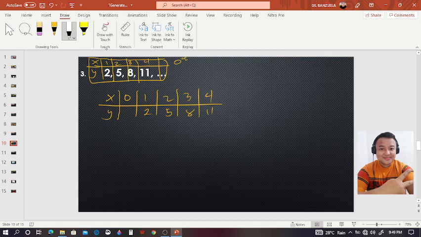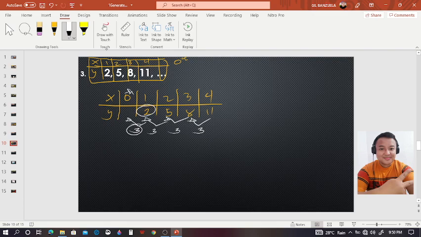Then again, let's subtract from right to left. 11 minus 8 is equal to 3. 8 minus 5 is equal to 3 as well. 5 minus 2 is equal to 3. So, it is safe to say that the difference between the first element and the zeroth term is also 3. And we know that if we subtract the common difference 3 from 2, we will get our zeroth term or the y-intercept in this rule.